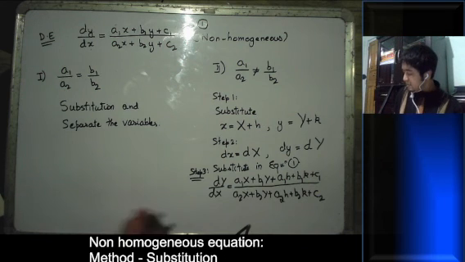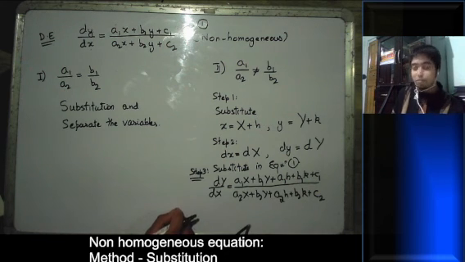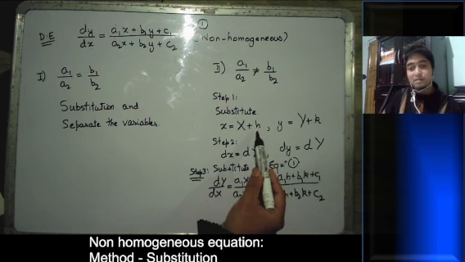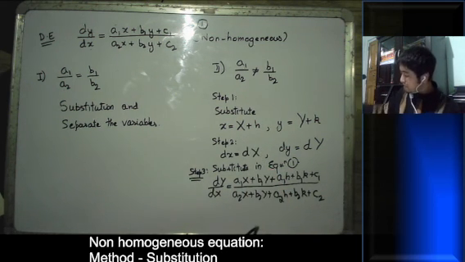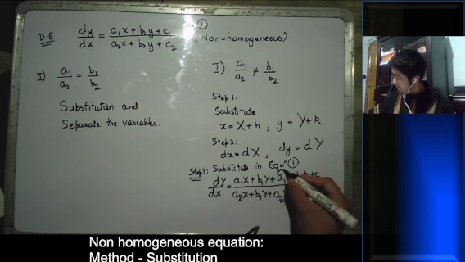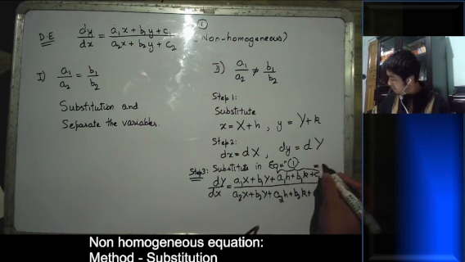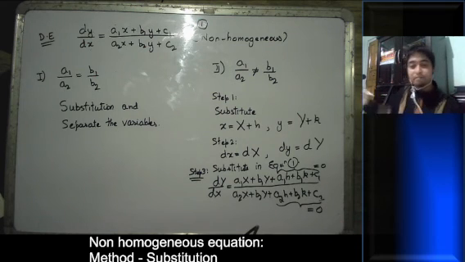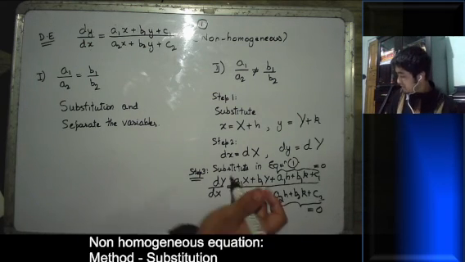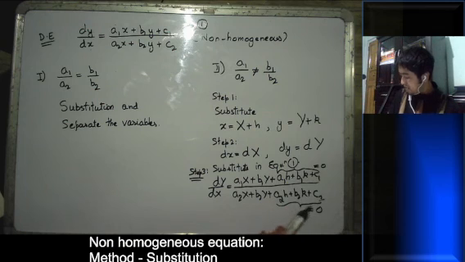When we reach this step, since the constants we can easily adjust, it depends on us. So we will adjust the constants so that this term is 0 and this term is 0. If this whole term is 0 and this one is 0, you will see over here that now it has become homogeneous.